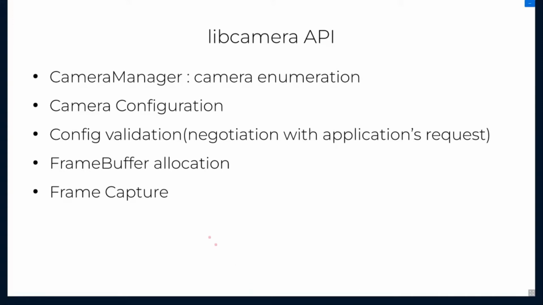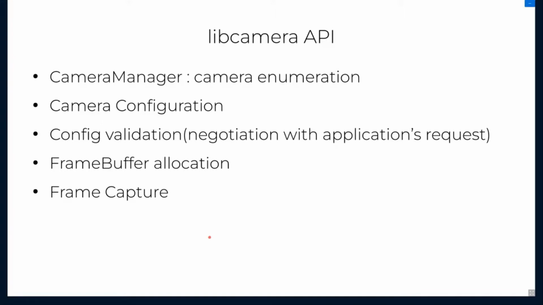Libcamera API. So let's talk about something which is the core of this talk. I want to just give an overview of how an application would interact with Libcamera. So basically 5 things. We have the camera manager, which we talked about a little bit, which will do the camera enumeration, which will find all the devices attached to your system. Then we have camera configuration, which will just set up the camera, prepare it for the intended use.